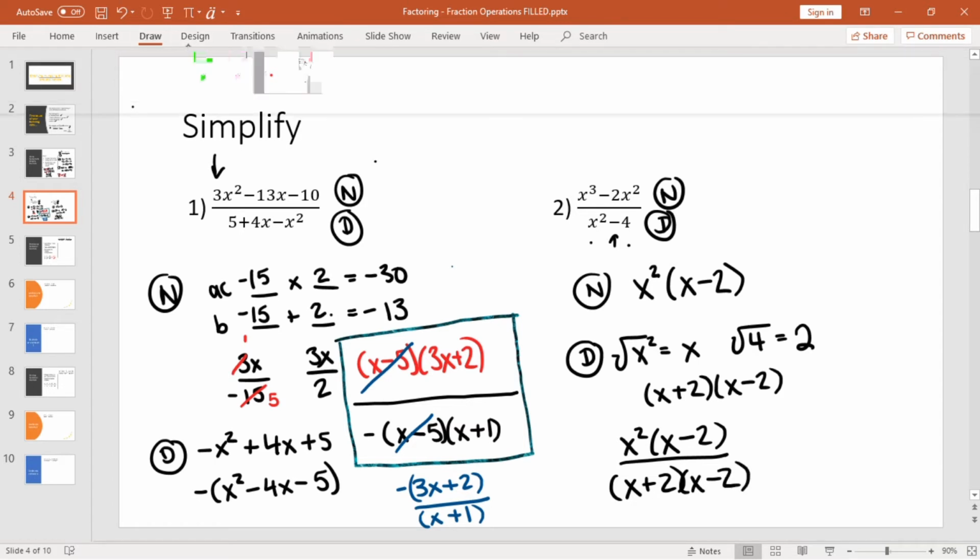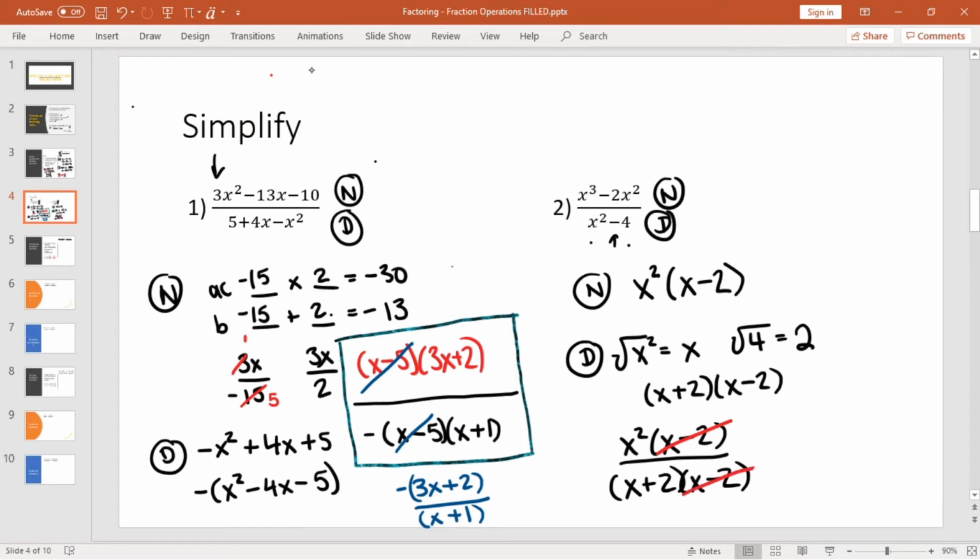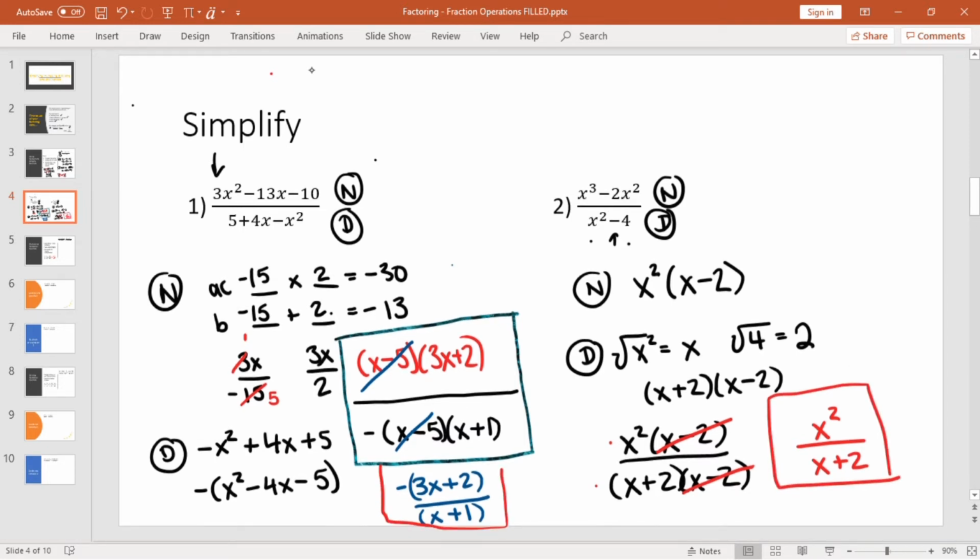Any identical things can cancel. I can't deal with this x squared. I can't do anything with this x plus 2. My final answer is x squared over x plus 2. And there's the two answers in red boxes.